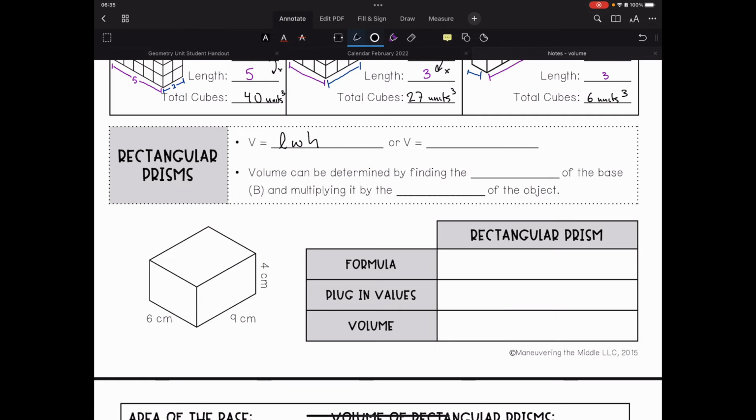And for now, that is the only formula we're concerned with. In fact, we're just going to cross this out and this out for now. We'll talk about those when I return to the classroom. Until then, we're just going to focus on length times width times height.